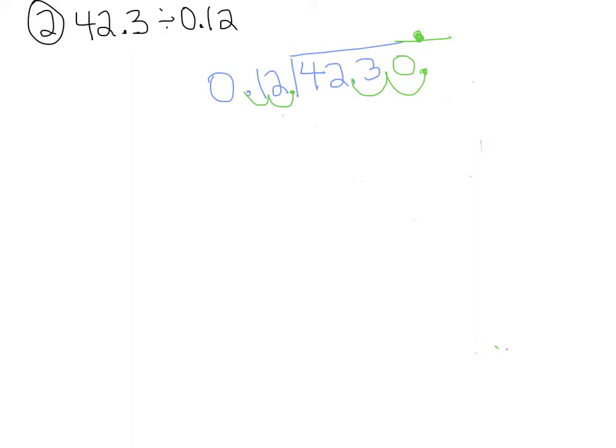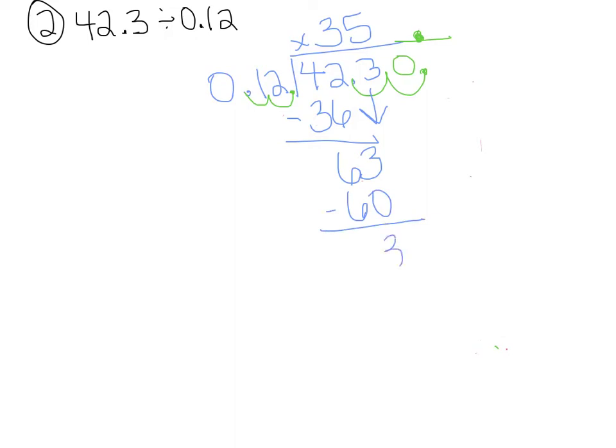So 12 goes into 42 3 times. Get 36. When I do 42 minus 36, I get 6. Bring down the 3. 12 goes into 63 5 times. Bring down your 0. 12 goes into 30 twice.